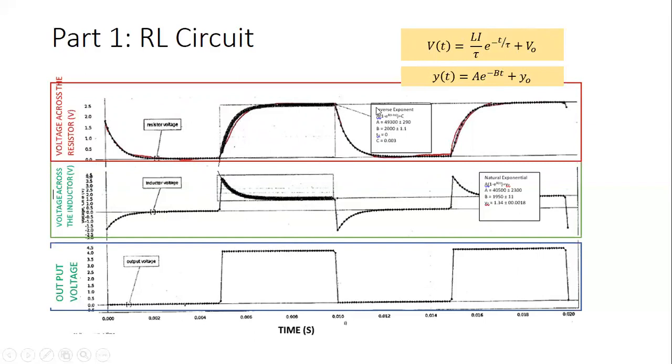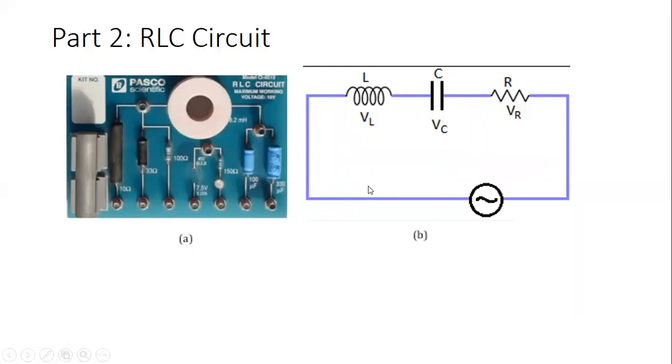Well, in part 2 of the experiment, we are going to introduce a capacitor into the circuit. You're going to connect a resistor, a capacitor, and the inductor in series with the power supply. Again, we're going to send a square wave input voltage.